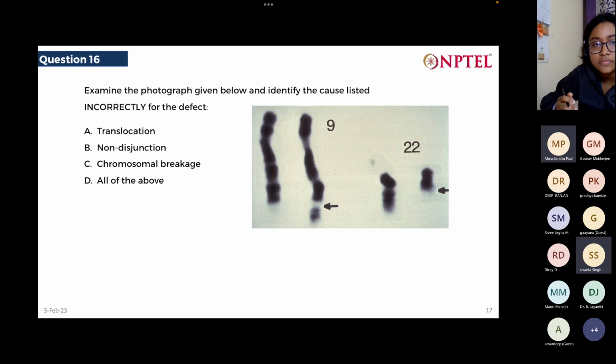Ma'am, non-disjunction. Okay, so what do you mean by non-disjunction? The term non-disjunction, what do you mean by that? Some chromosomes do not separate at the time of meiosis. Okay.